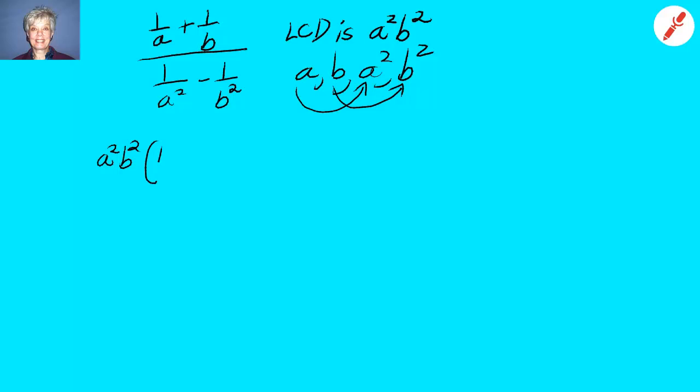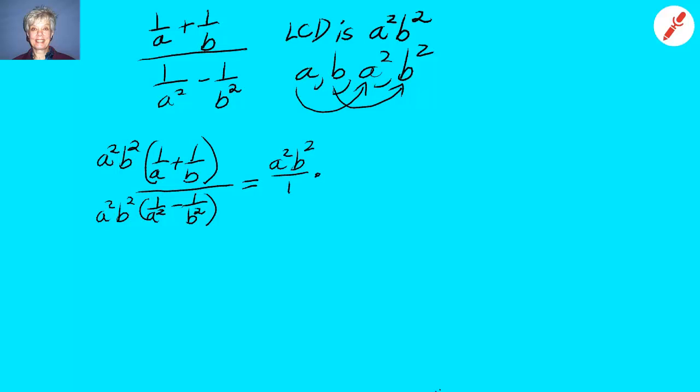I'll multiply a squared b squared times the numerator 1 over a plus 1 over b, and I'll multiply a squared b squared times the denominator 1 over a squared minus 1 over b squared. Now I will distribute.